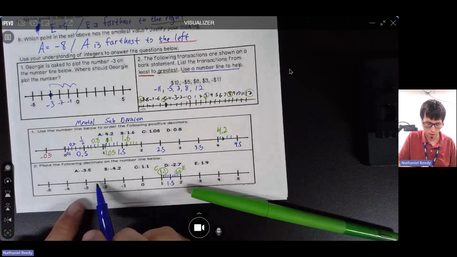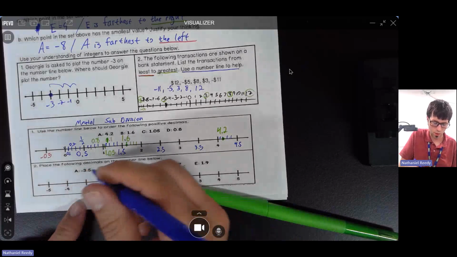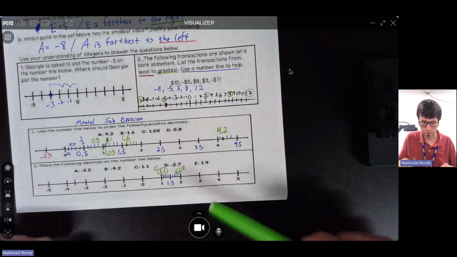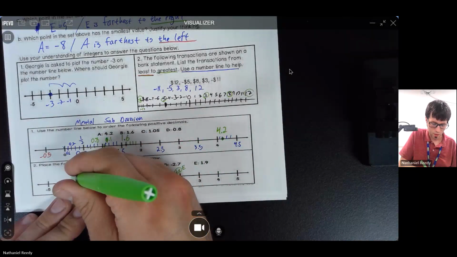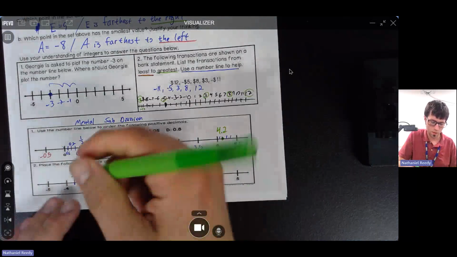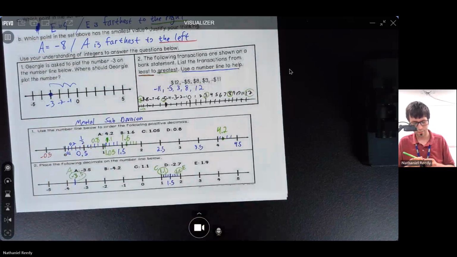So I'm not going to go this way because now I'm getting closer to 2. I'm counting toward -4. So negative 3.5. Oh, I didn't actually do that right. That's okay. It's close enough. Here's -3. Sorry, new pens. I'm still getting used to these. 0.5. That's A right there.